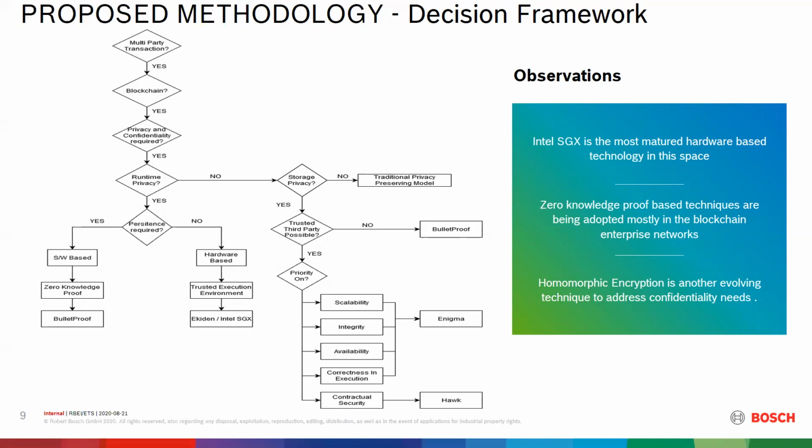If runtime privacy is required and persistence is required, software based techniques are the best solution. In the frameworks that we have chosen, we have an example which is Bulletproof, which is a zero knowledge proof. If persistence is not required, hardware based technique will give you a solution.